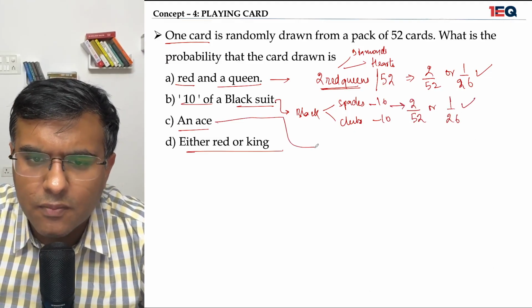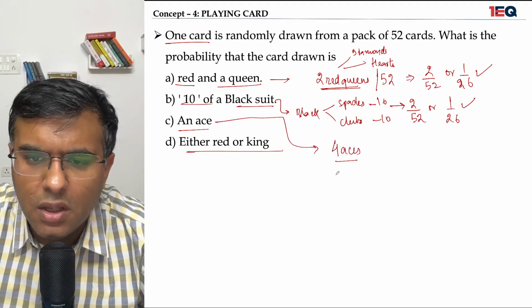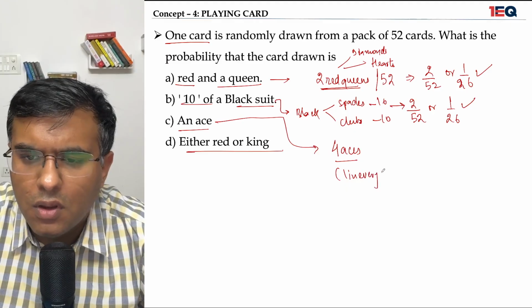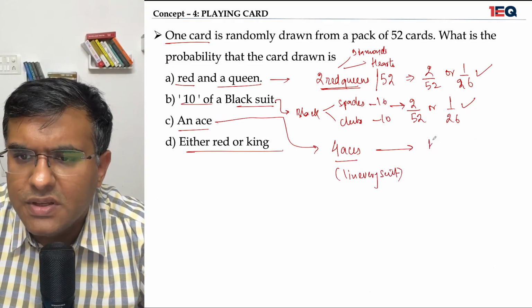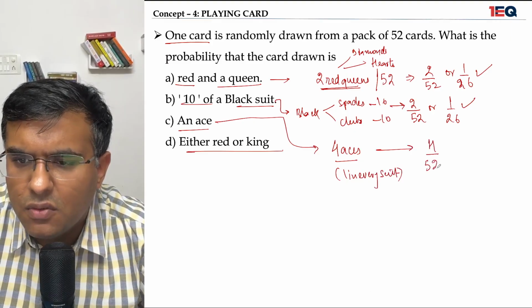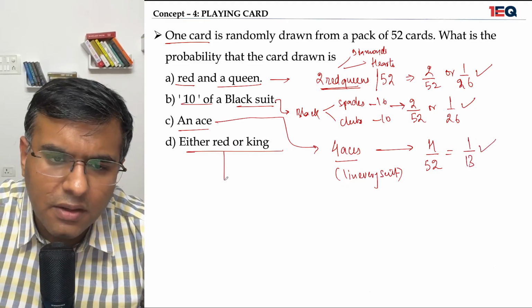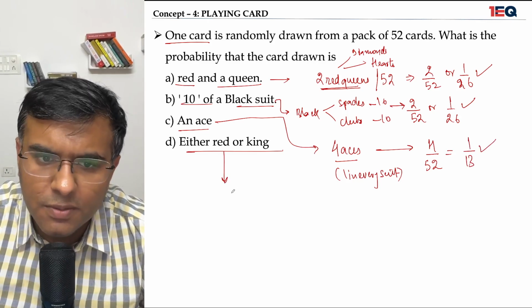An ace. We have four aces, one in every suit. So for four aces out of 52, 1 upon 13 is my answer. Either red or king. So we have to add the probabilities.